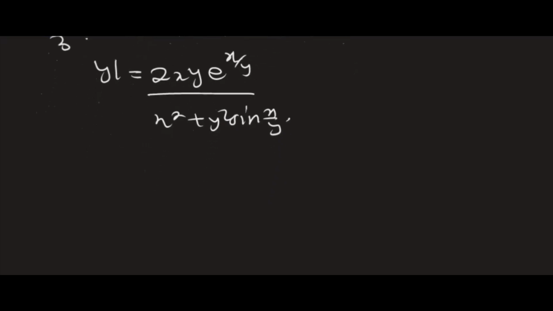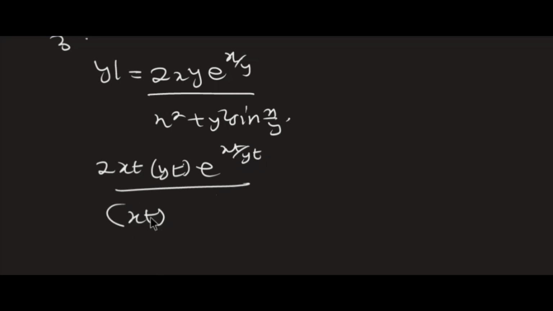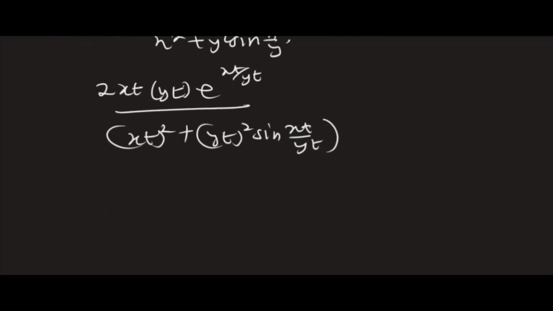As we did, wherever you see x, you multiply it by t, so you are going to get 2xt multiplying yt, e to the power xt over yt, all over xt all squared plus yt all squared, sine xt over yt. So we move on to simplifying this expression here.